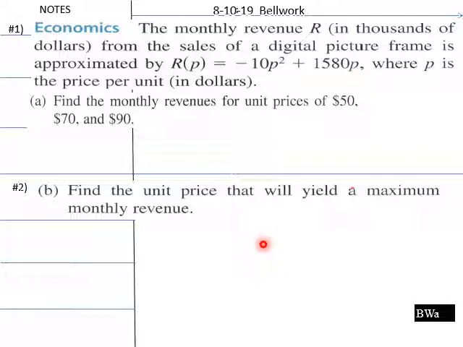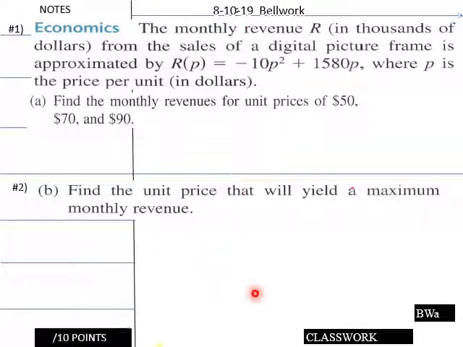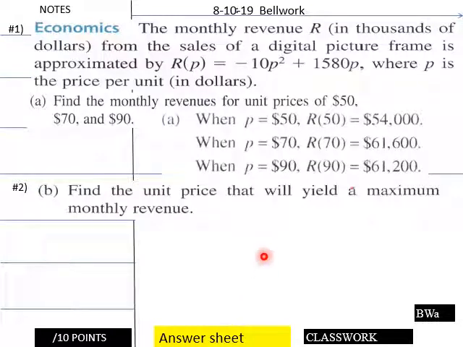Okay, welcome back for our solutions to today's bell work. For number 1, here are our prices, for when P equals 50, in this situation the price per unit is $50.